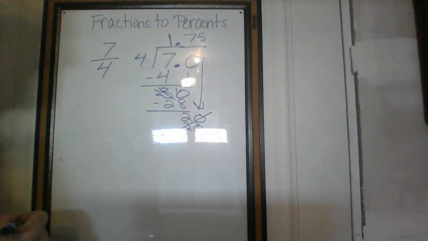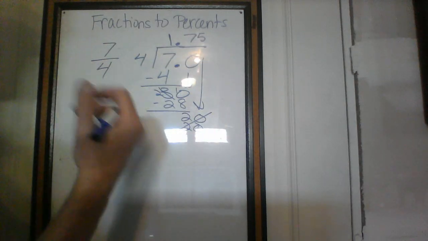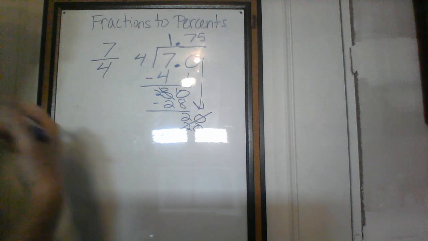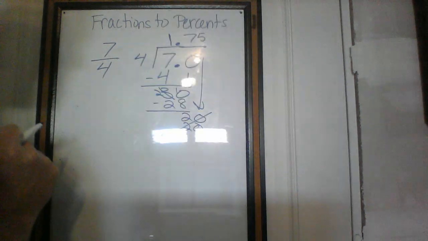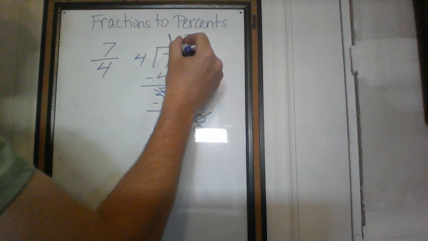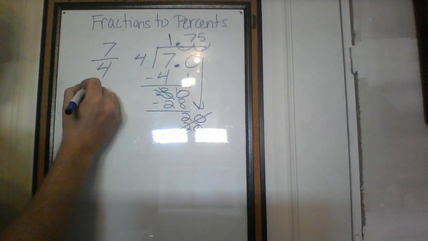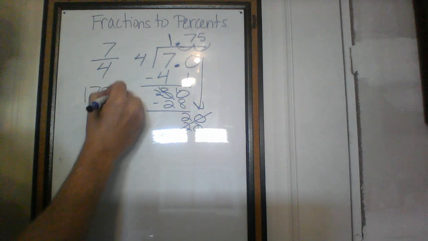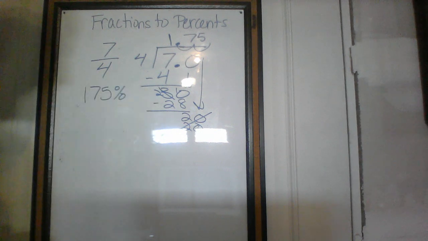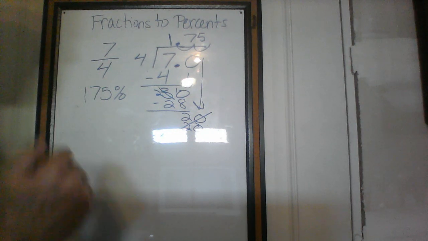And so there is our decimal number. Again, because we are going from decimal to percent, we're multiplying by that 100. Decimal moves over. So for this, we have 7/4 equals 175%. Okay, remember to move that decimal 2 times to the right when we're going decimal to percent.